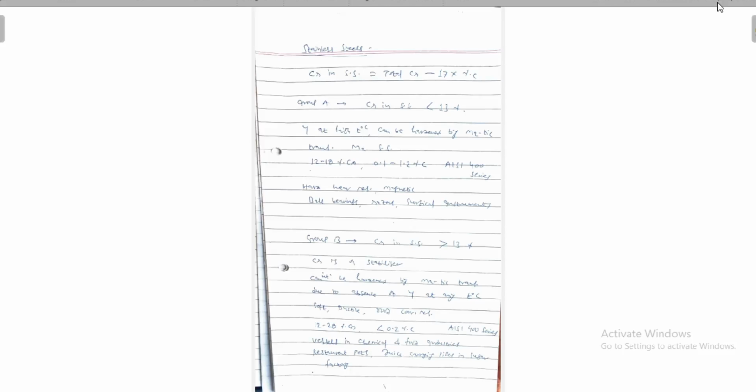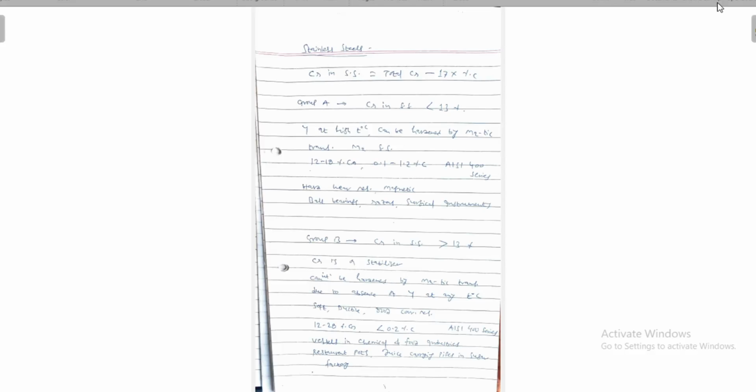Why is the carbon content so low? Because if the carbon content is more than 0.2, then as chromium is a carbide forming element, the maximum amount of chromium will go into carbide formation, and thus the percentage of chromium in the solid solution will be less than 13, and the ferrite will not remain stable at high temperature.